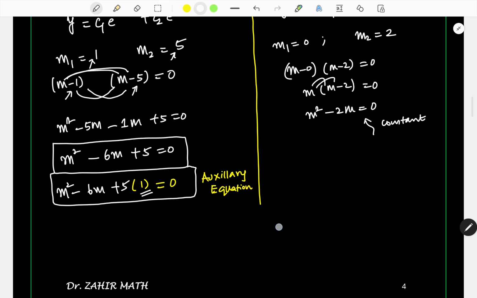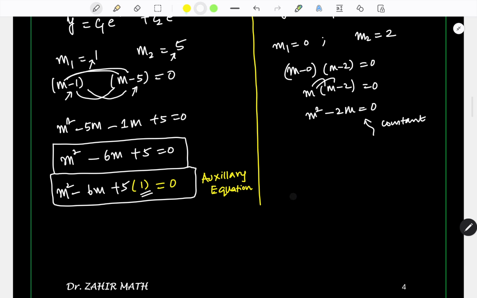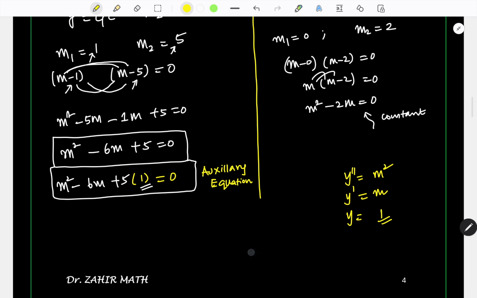I'll tell you why. Before starting this, I told you to solve differential equations of second order with constant coefficients. I said put y double dash is equal to m square, y dash is equal to m, and y is equal to 1. This is what you should remember. So what happened to the differential equation?